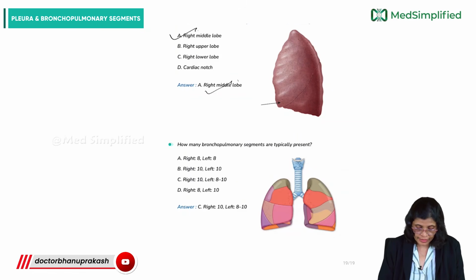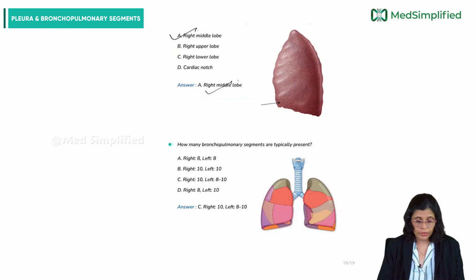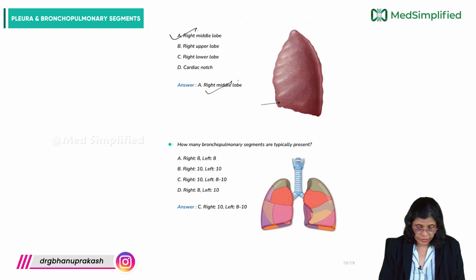Coming to this last question now, how many bronchopulmonary segments are typically present? Usually we say 10 and 10 on each side, but when the choice is given as 10 and left 8 to 10, we can take that as the right choice. Why?